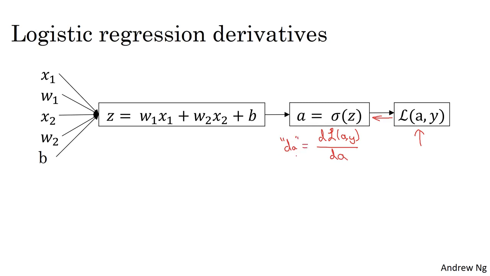And if you are familiar with calculus, you could show that this ends up being negative y over a plus 1 minus y over 1 minus a. The way you do that is you take the formula for the loss and compute the derivative with respect to the variable lowercase a, and you get this formula.